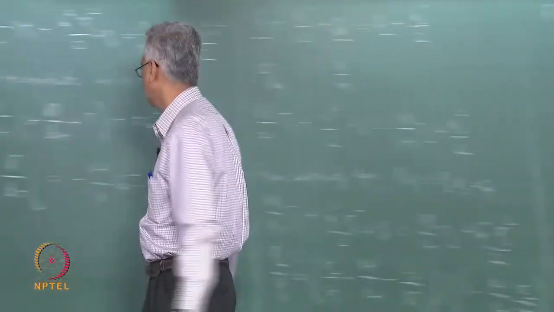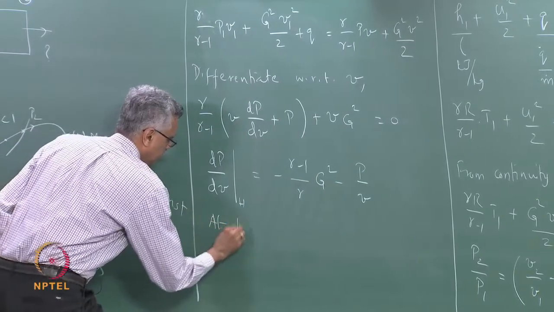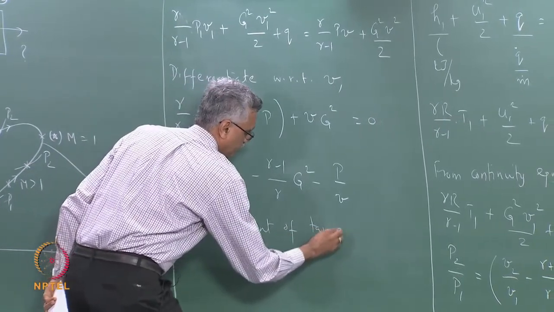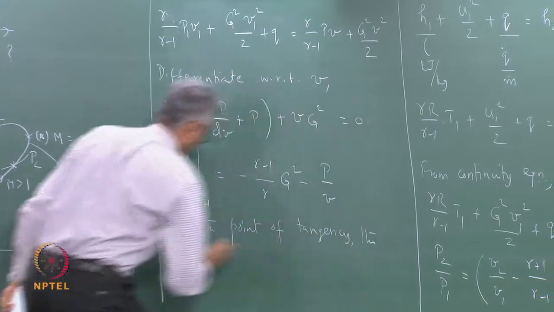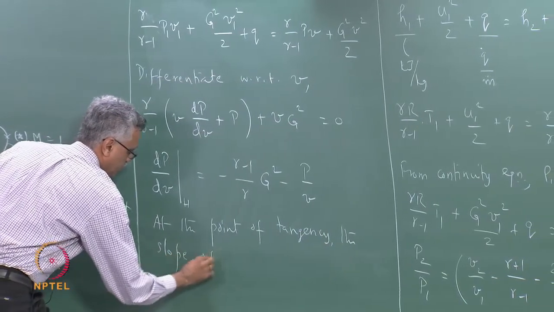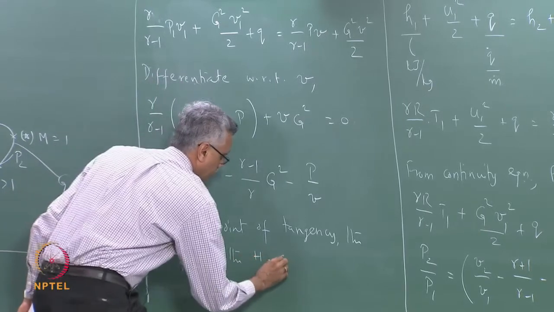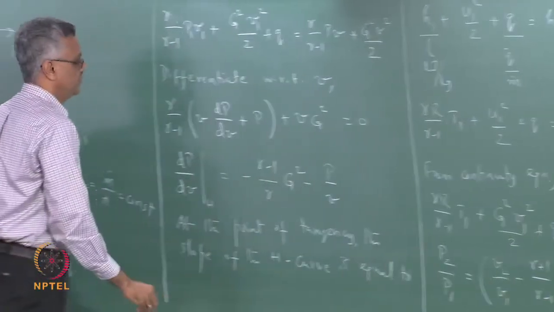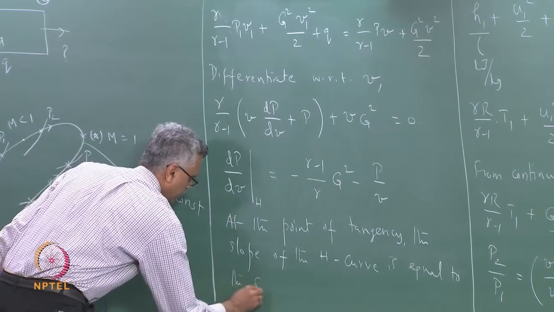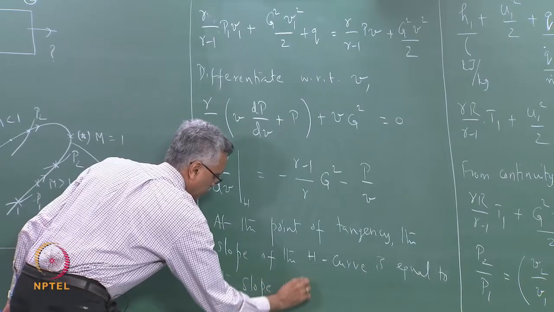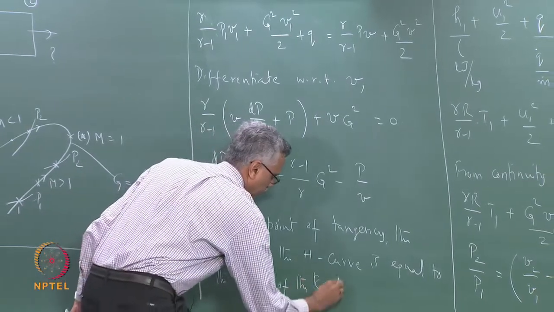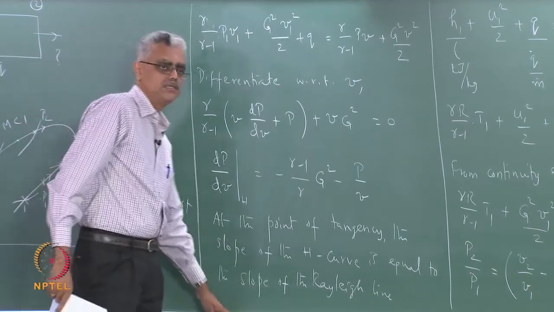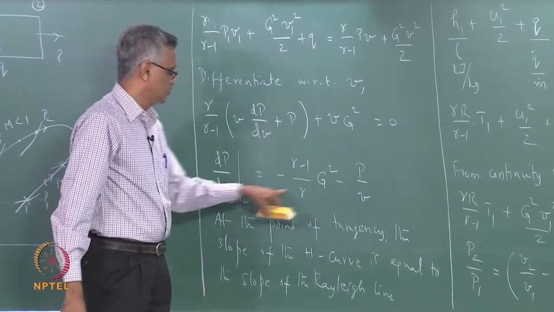So we equate the slope of the H curve to minus G square.